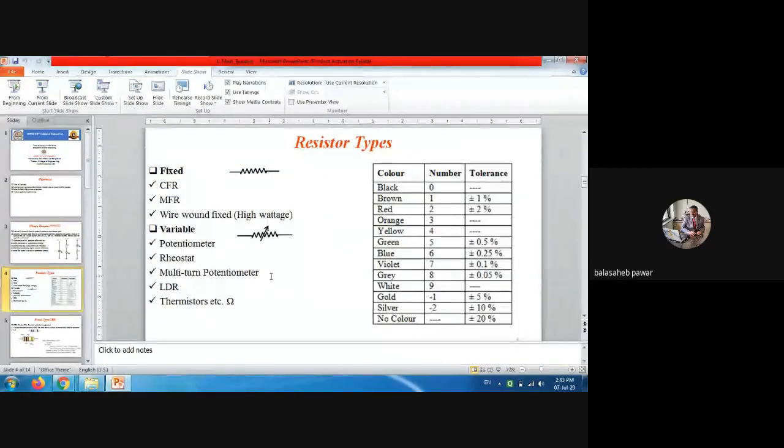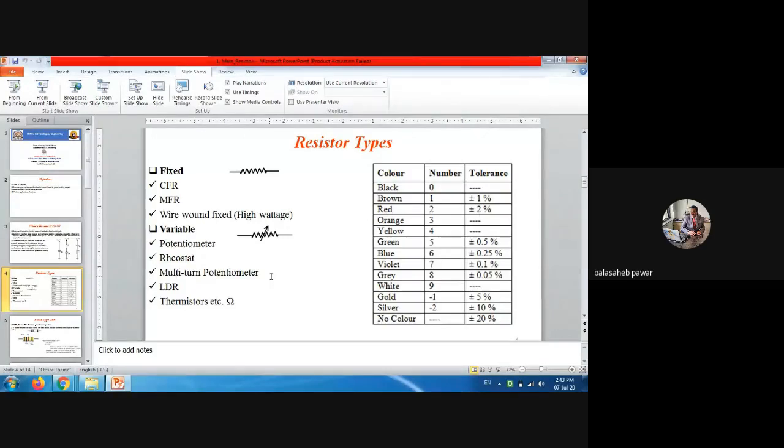Now, the next slide, that is resistor types. You are familiar, so I will not give much more time over here. Wherever I observe there is a need, only then I will explain in detail. Basically, resistors are available as fixed type and variable type. In fixed type, there are CFR, MFR, and wire wound.